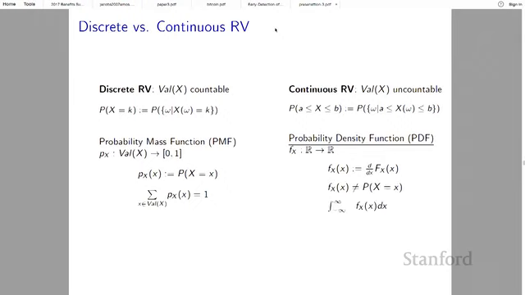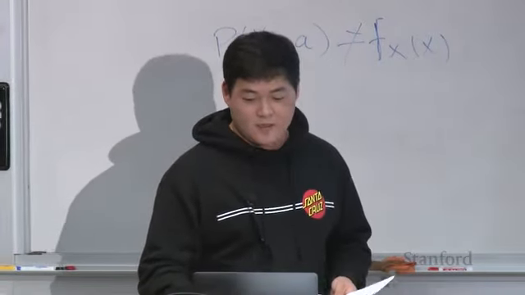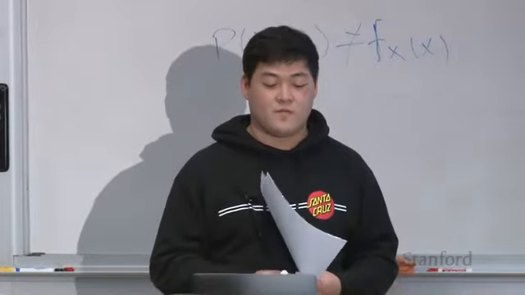And just like the probability mass function, does anyone know what this integral evaluates to? 1. Perfect. So now talking a little bit about the cumulative distribution function. Does anyone have any questions? Okay.